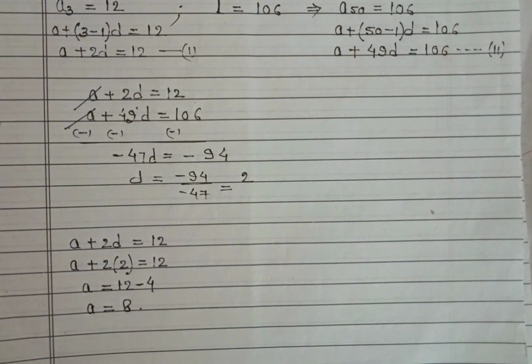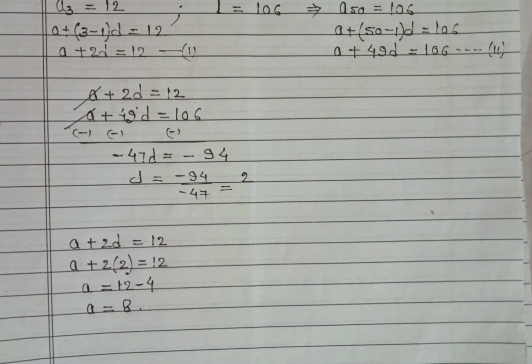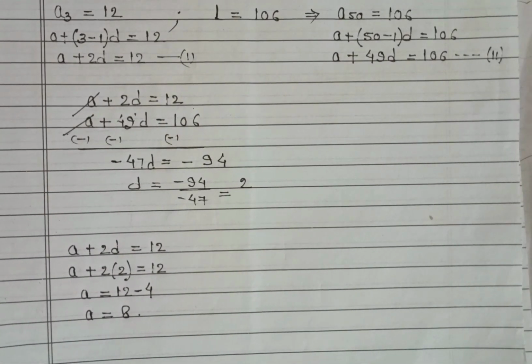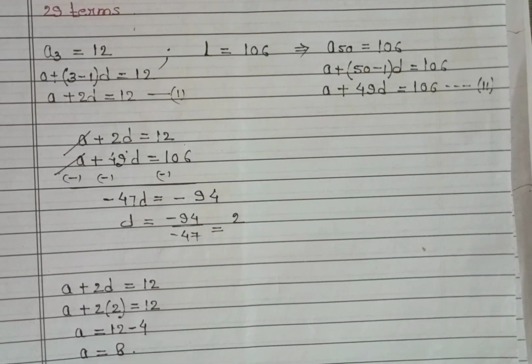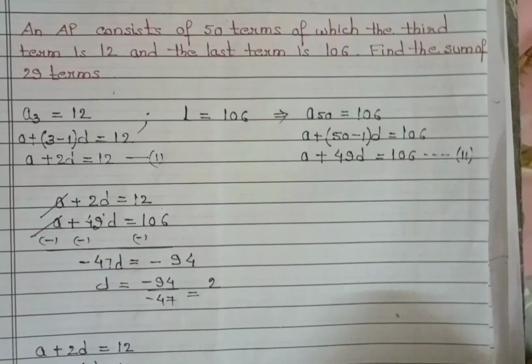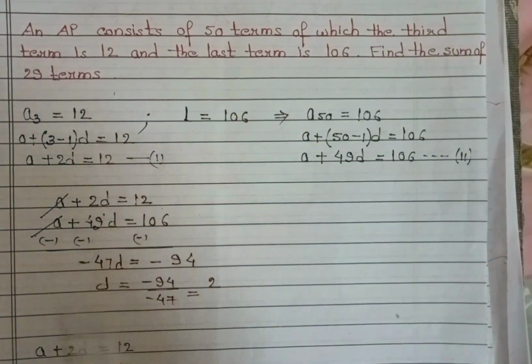So we have got the value for a, we have got the value for d. Now the question says what we have to find is the sum of 29 terms.